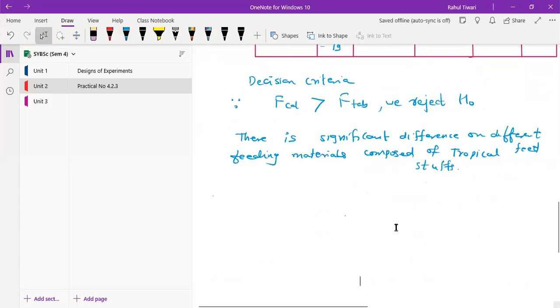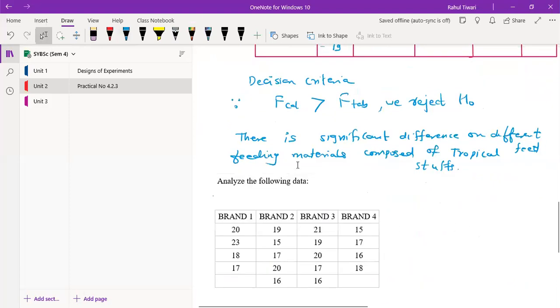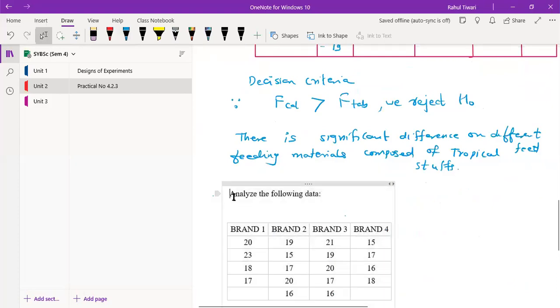Now try to use this formula for the second question. See here, we found a significant difference, which means that you are rejecting H naught.